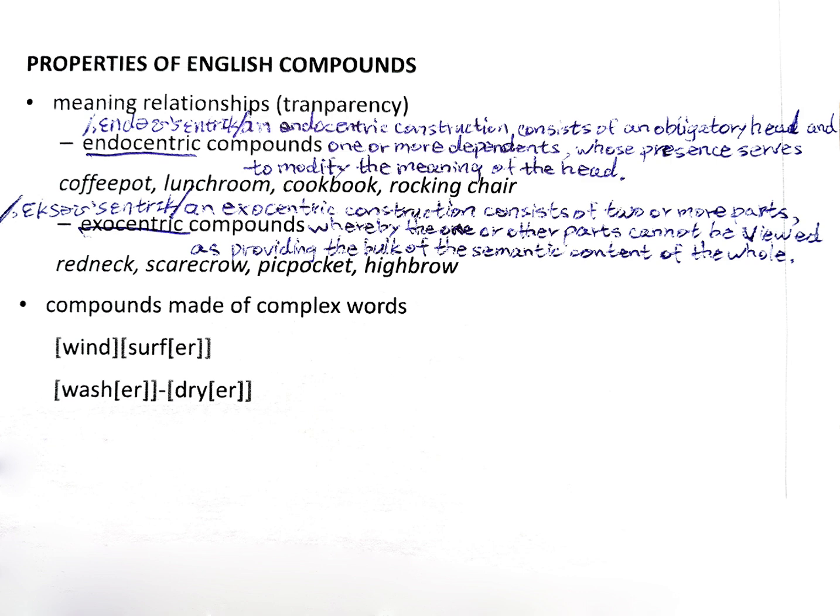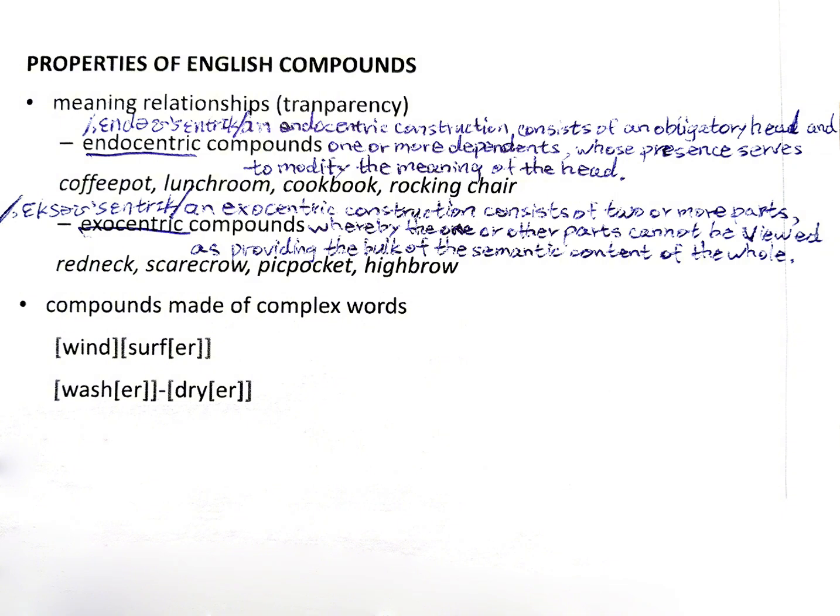To put it simply, endocentric basically means a compound word that is constructed from two free morphemes, and those two free morphemes have relationships, right?